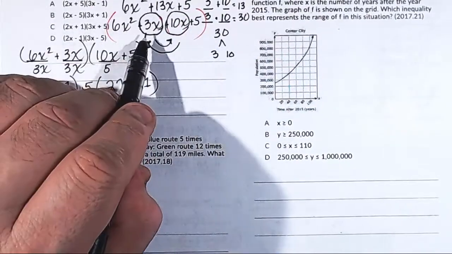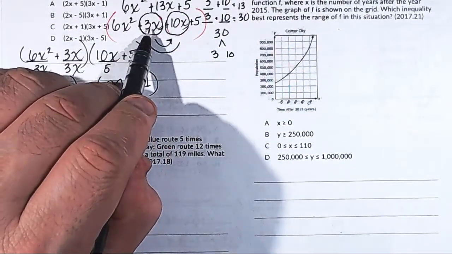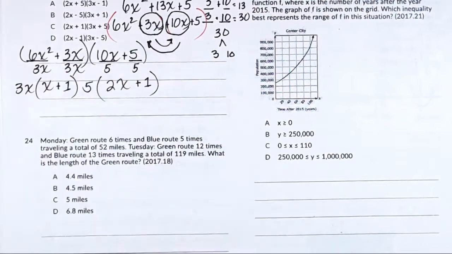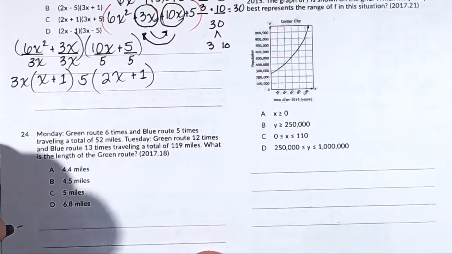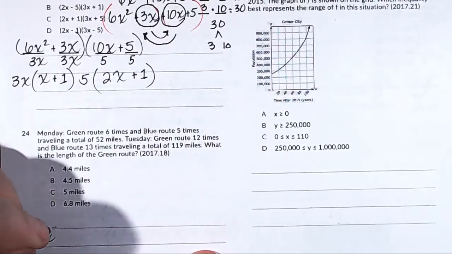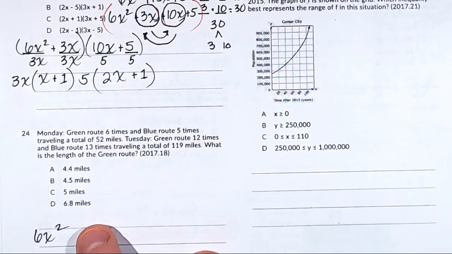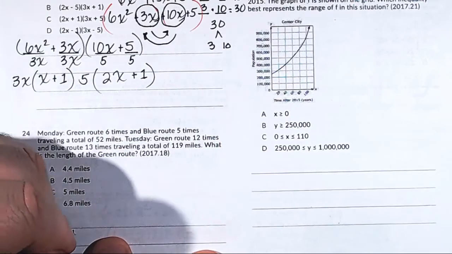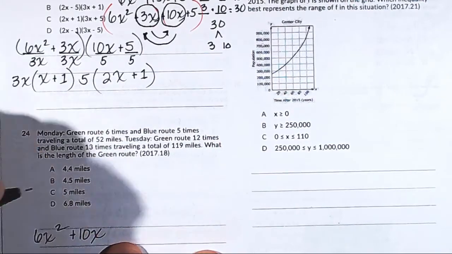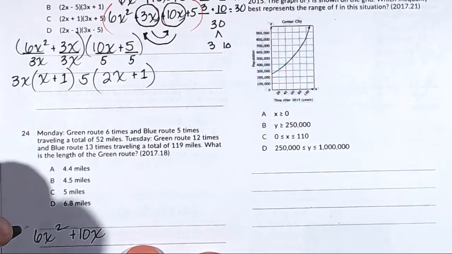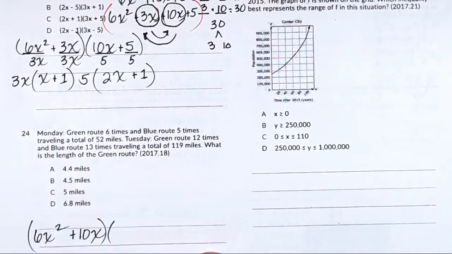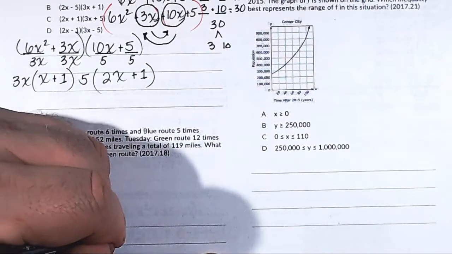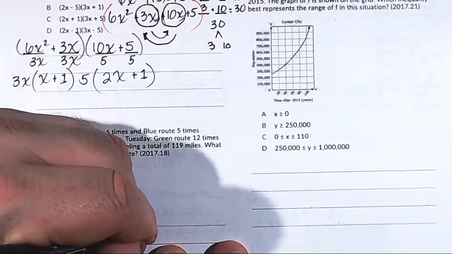So instead of having the 3x here, I'll put the 10x here. Instead of having the 10x here, I'll put the 3x here. So it's 6x squared, in this case I'm going to put plus 10x, and that will be one factor. And then the other factor will be 3x plus 5.